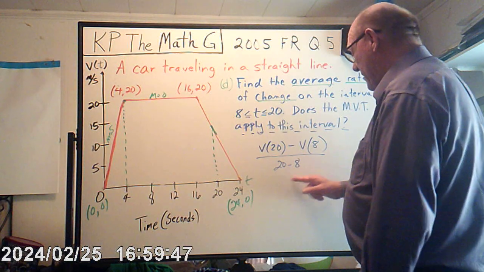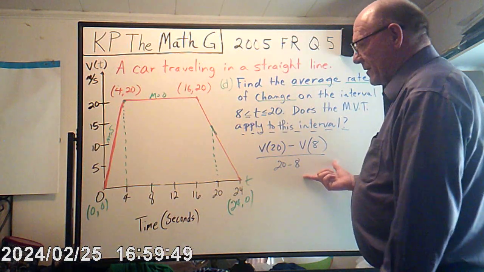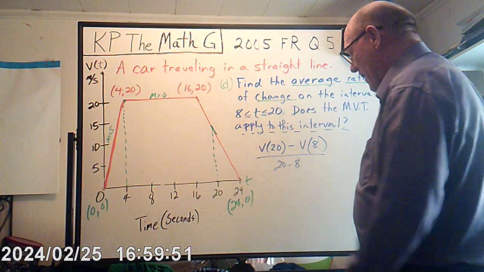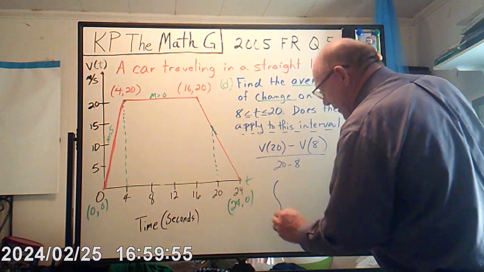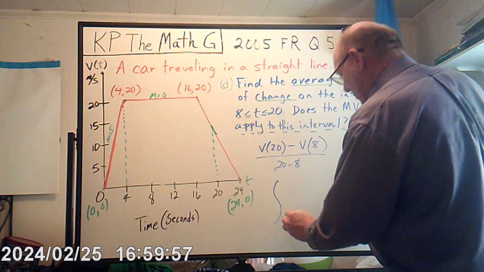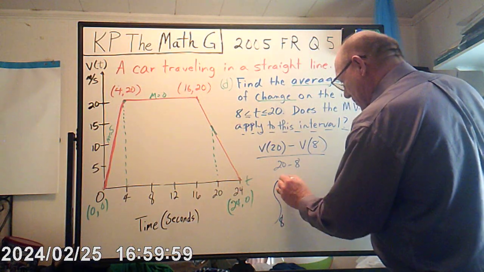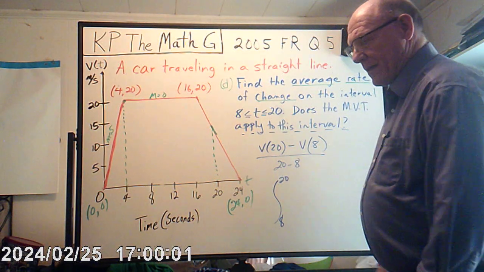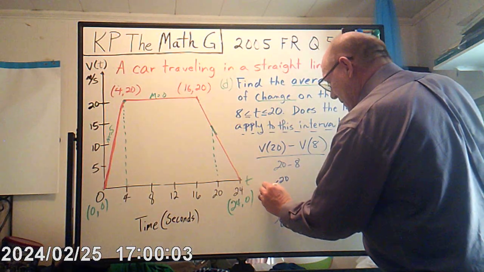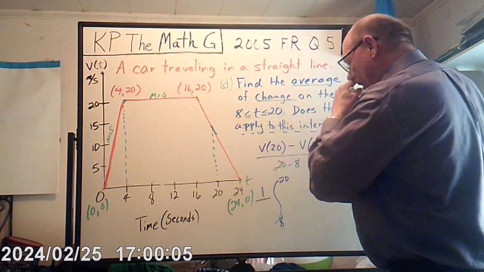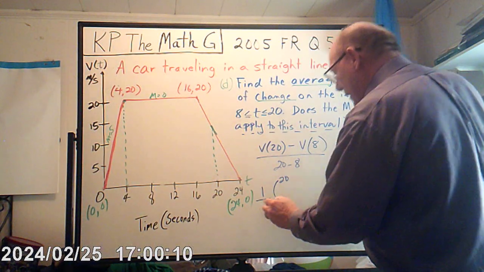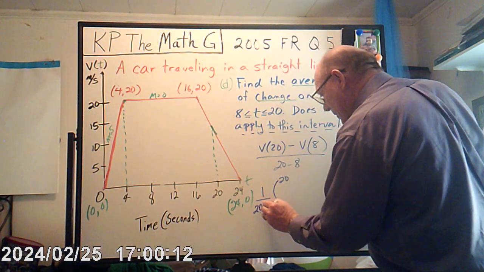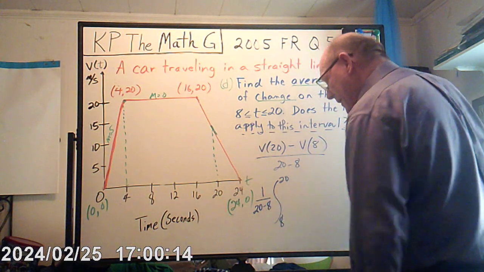Another way is to say I'm going from 8 to 20, so you put the fraction on the outside, and you simply do 20 minus 8 right out here.